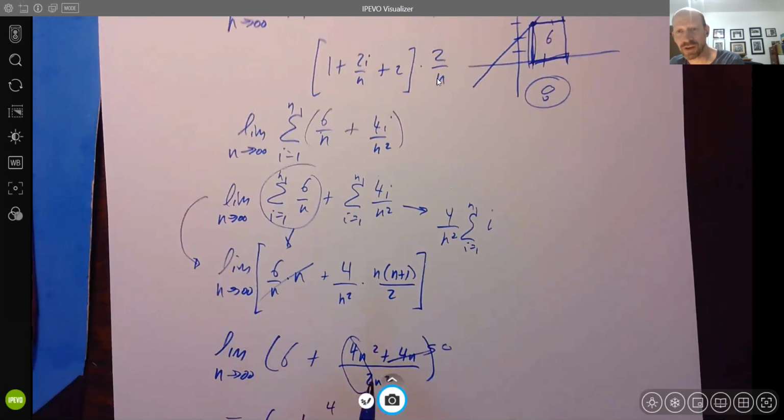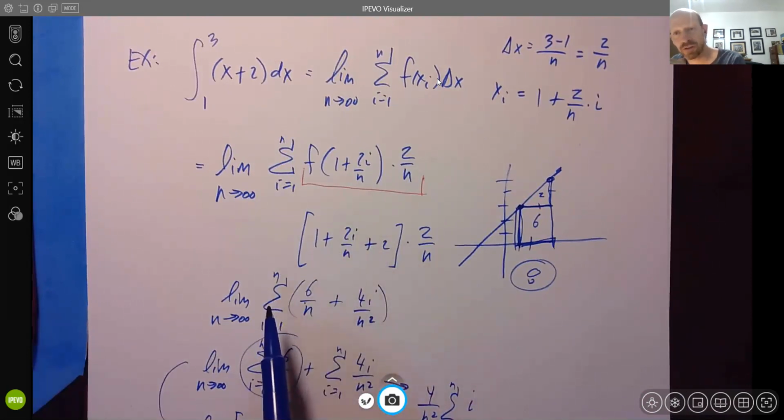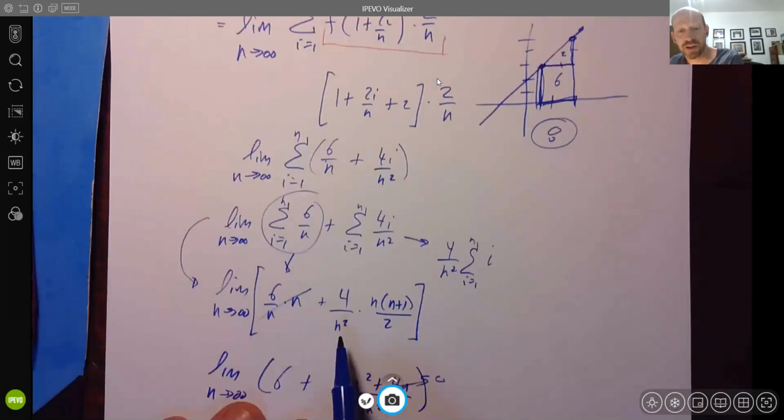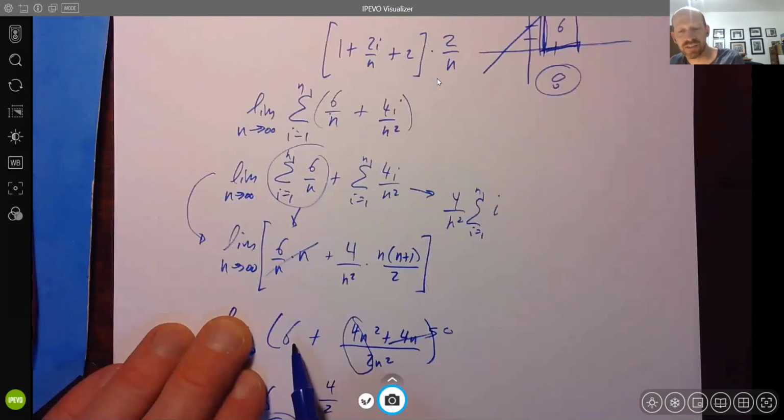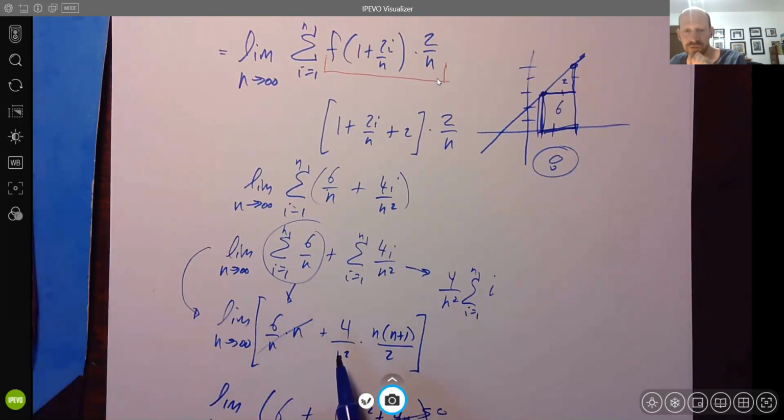What we're really doing is finding an expression for the area in terms of n, where n is the number of rectangles. So when I go through all this work and get to here, this expression right here is really the area if I come up with 4 rectangles or 10 rectangles or 100 rectangles.